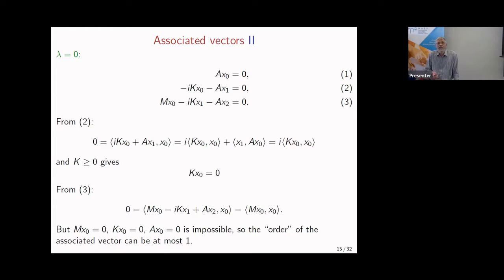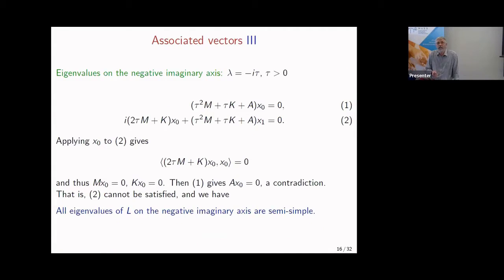It's really not that important, but for lambda different from 0, we could actually have larger multiplicities. And now we have possibly eigenvalues on the negative imaginary axis. But they are also particularly nice in that they are all simple. That means there are no associated vectors.